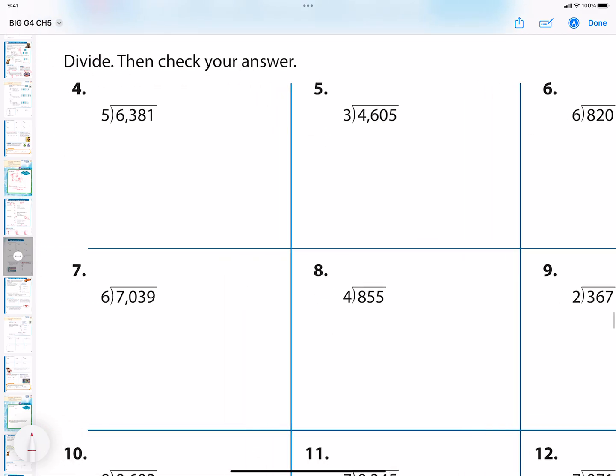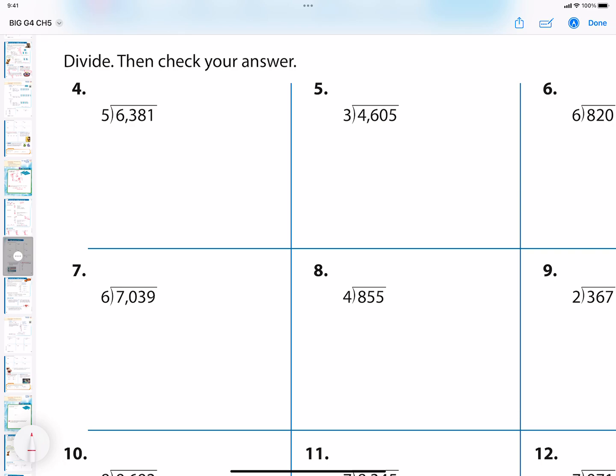All right, number 4. From this page, I want you to do it yourself, okay? And this is the same process, okay? MSBR, just repeat the process, repeat and repeat and repeat until you have reached 0, nothing remaining, or if you have any remainder smaller than the divisor, then your answer will be reasonable.